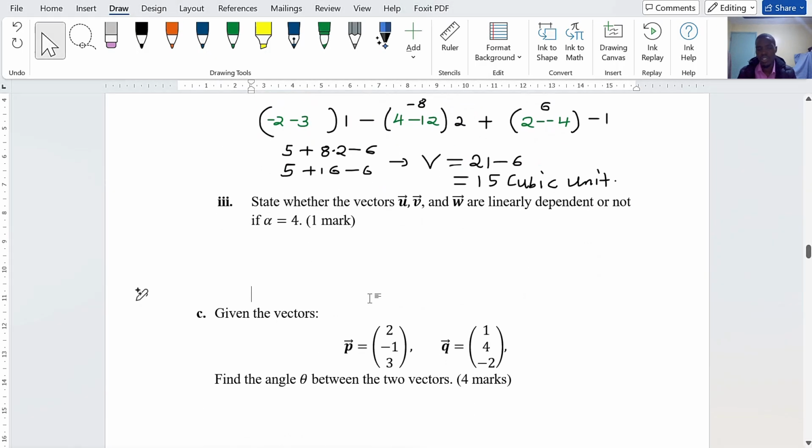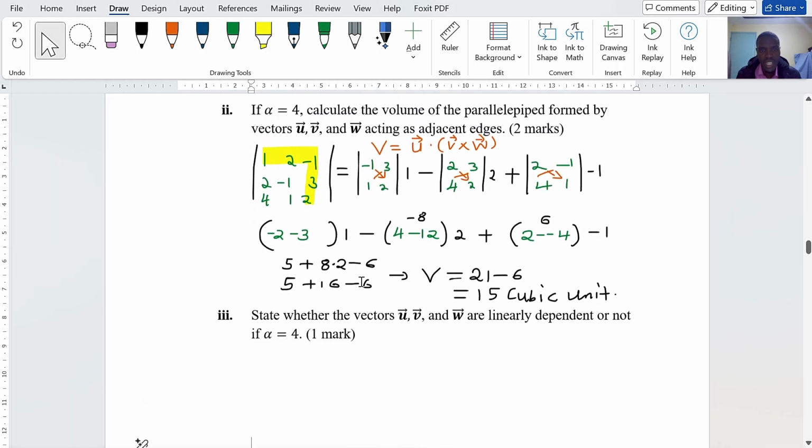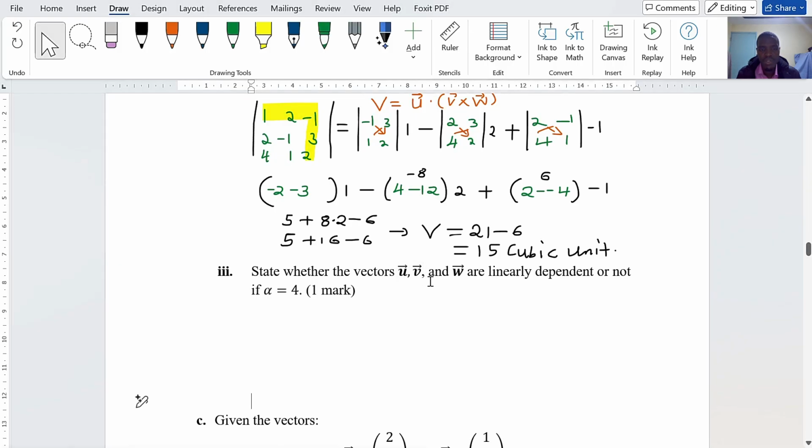Now the next question is just 1 mark, which tells us to state whether the vectors u, v, w are linearly dependent or not if alpha is 4.